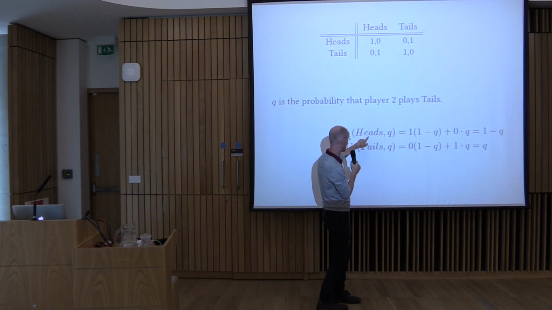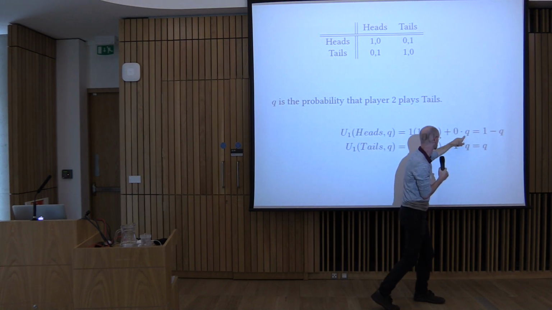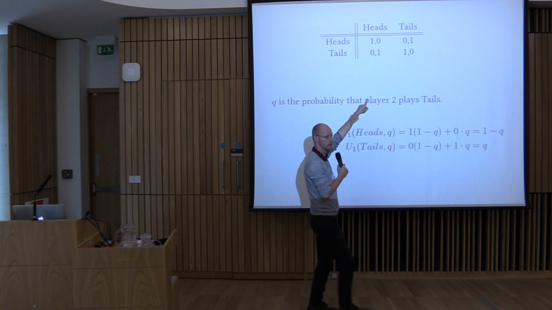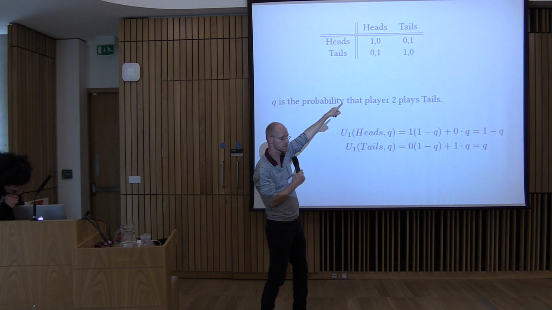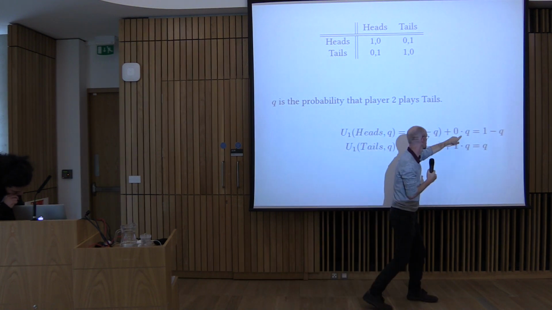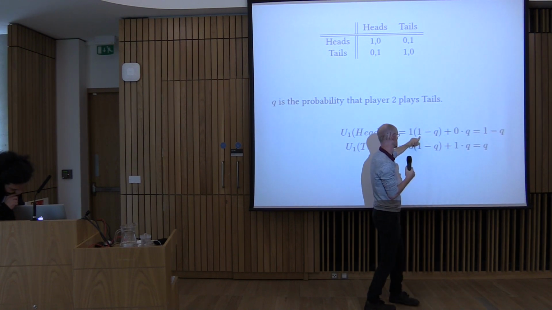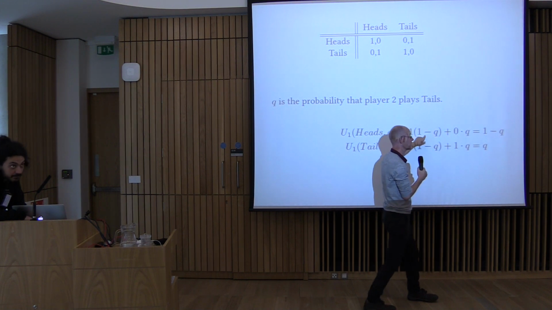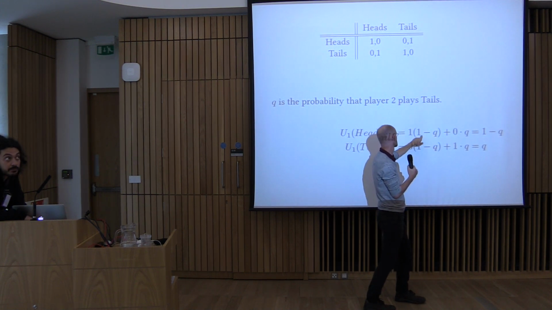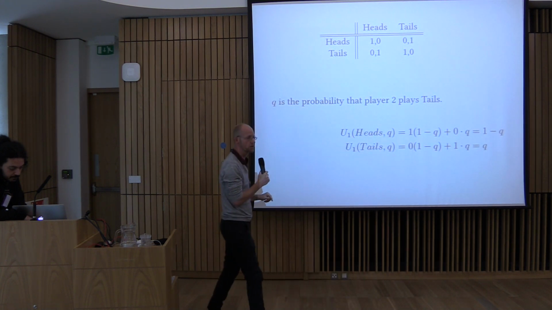The utility of playing heads versus that strategy is: if you play heads and he plays tails, you get utility 0, times Q. And with probability 1 minus Q he plays heads, and in that case you get utility 1.